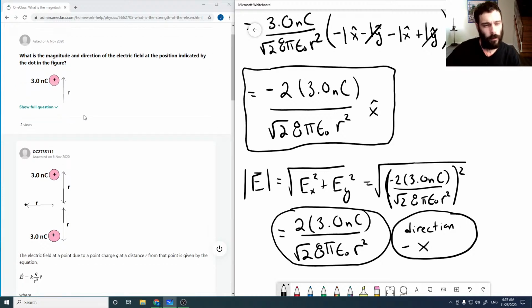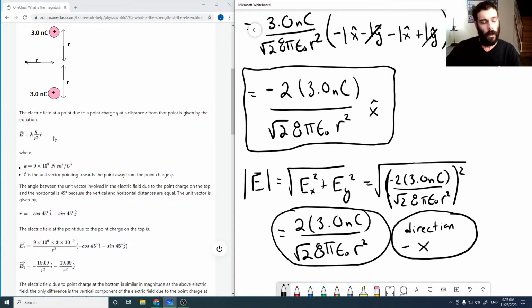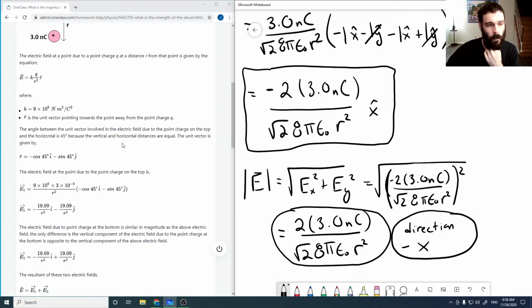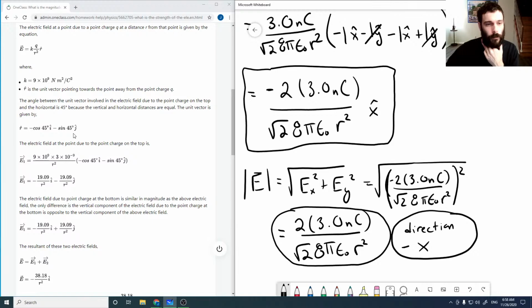Okay, so now looking through the solutions here. Okay, so k q over r squared. So k is the same as 1 over 4 pi epsilon naught, depending on which constant you want to use, but they're equal, so it doesn't matter. It chose to use 45-degree angles rather than the 1 over root 2.